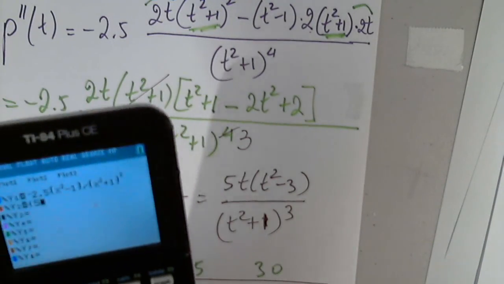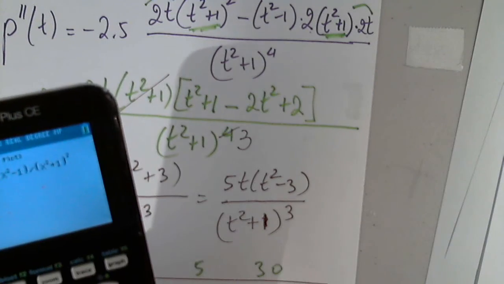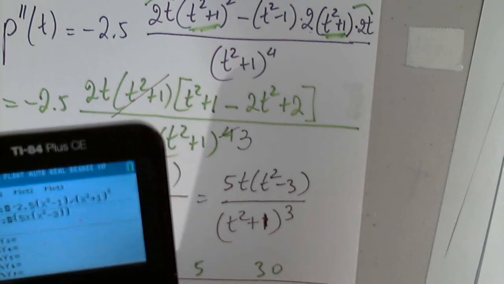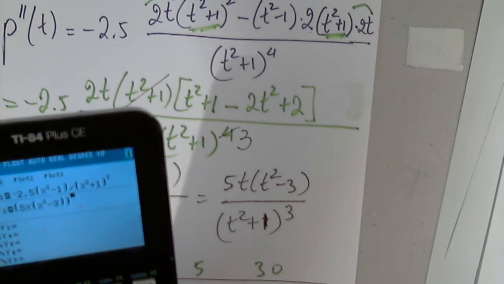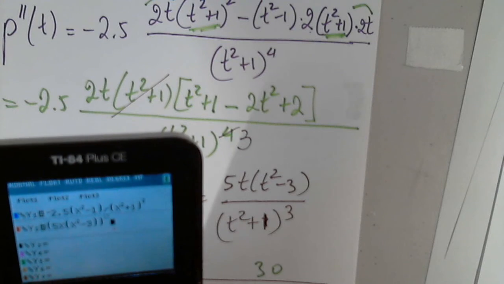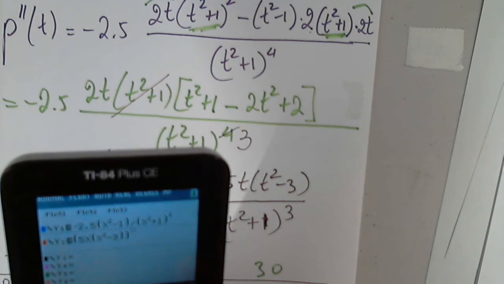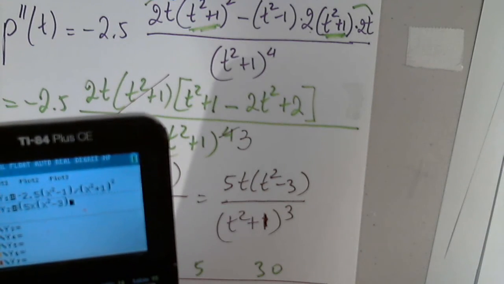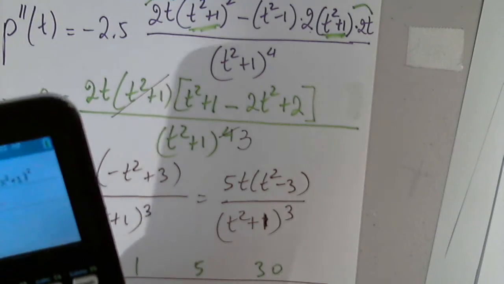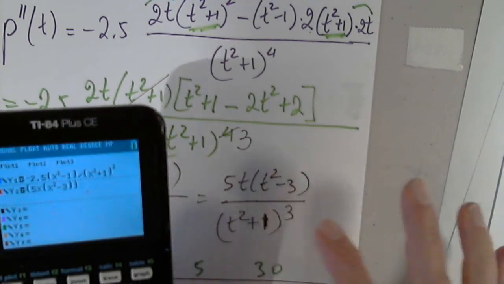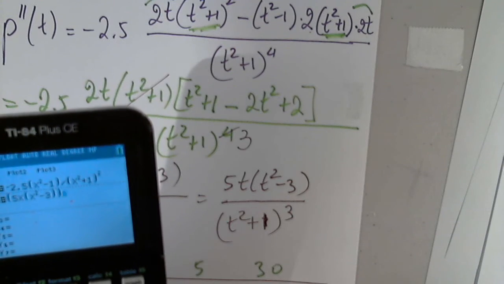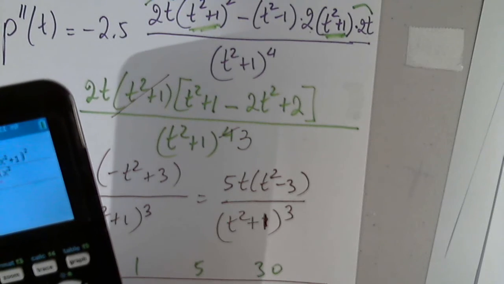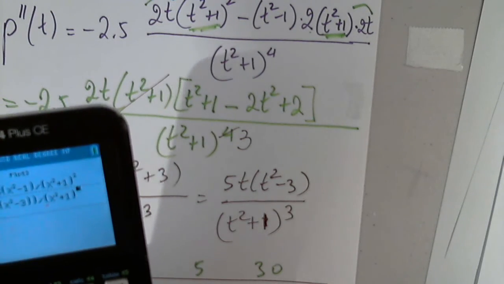I'm going to put in 5x, parentheses x squared minus 3, close the parenthesis, close the outer, and then divide by, in parentheses, x squared plus 1, close, and put power 3.